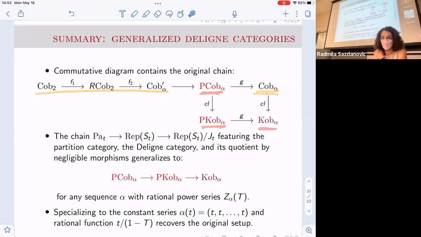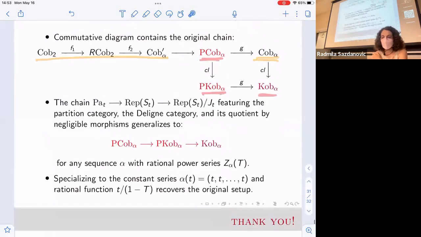Again, they depend on alpha, where we go from p cob to p cob with a k and then to cob alpha. And again, that works for any sequence L with rational power series. So the generalization works for everything, right? But this sequence, we can only get it for rational functions.